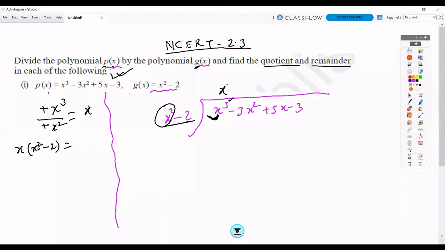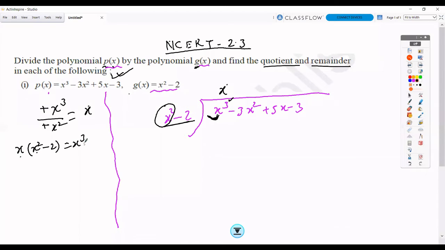So here you may understand one step includes two works: first division and then multiplication. Division of the highest degree term by the highest degree term, and multiplication of whatever you got in the first sub-step by the divisor. So x multiplied by x square means x cube.